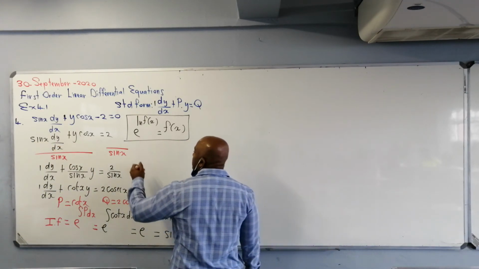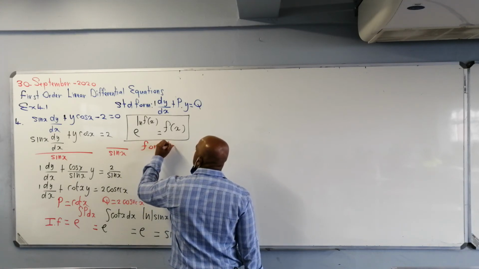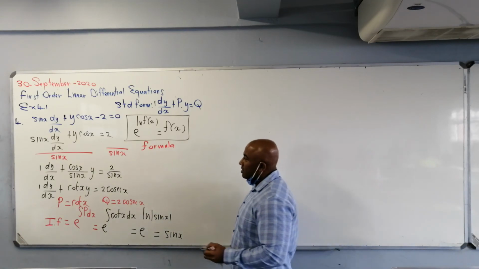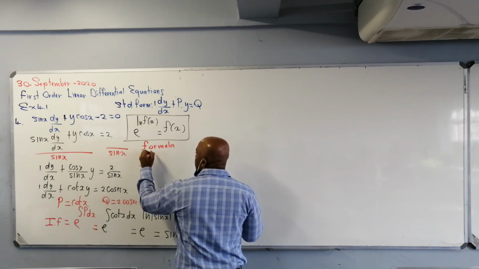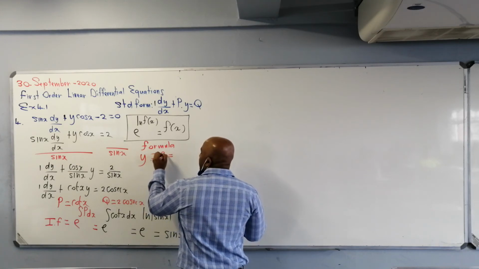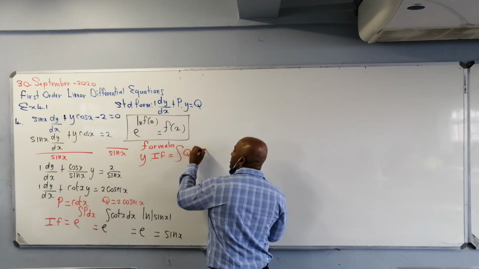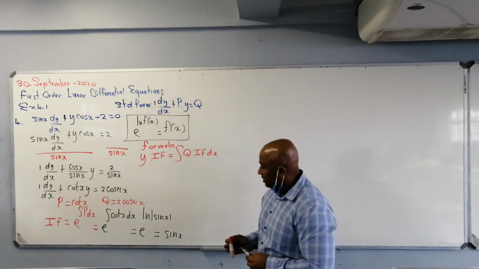So now we will substitute into the formula. So you go to your formula sheets, page 7. So the formula is y times your integrating factor is equal to the integral of q times your integrating factor dx.